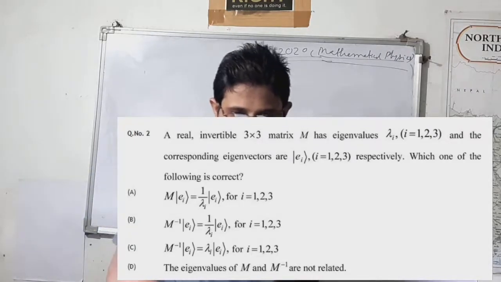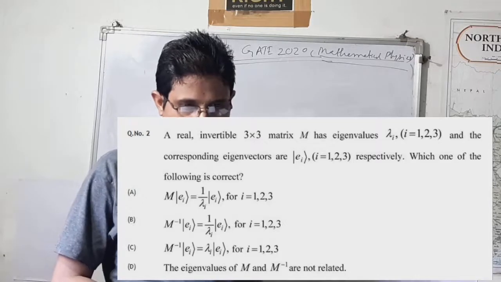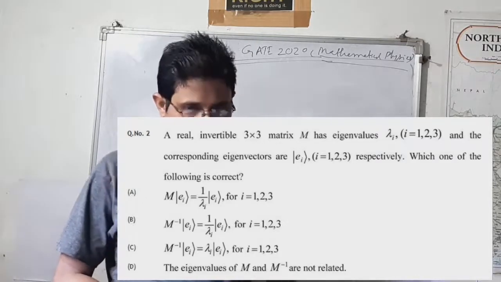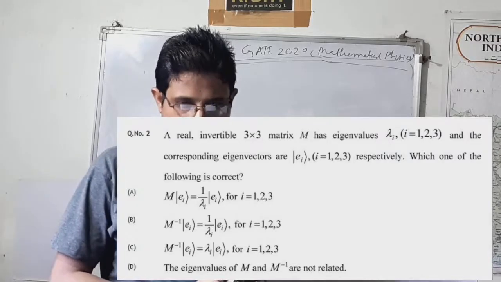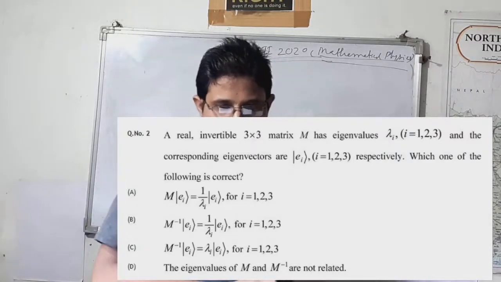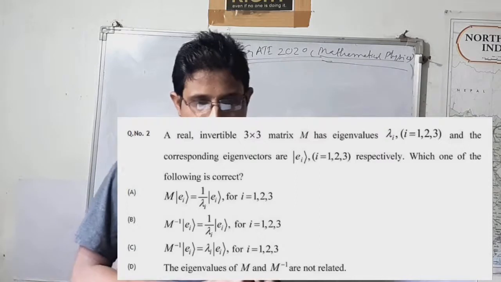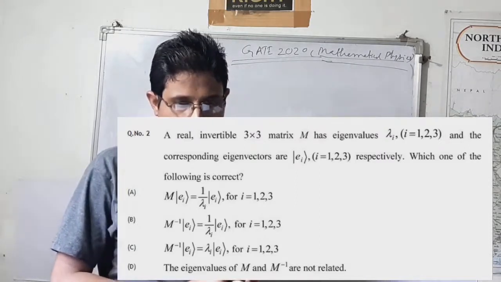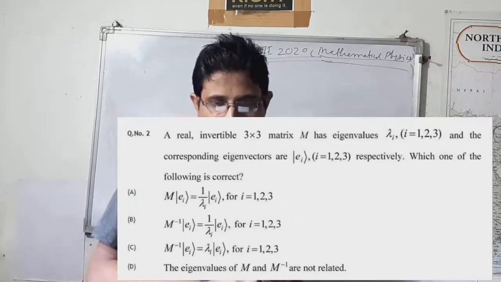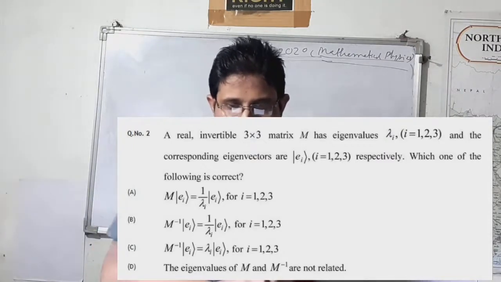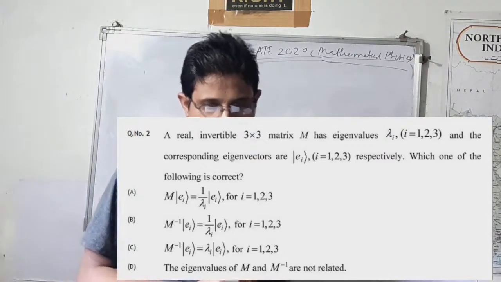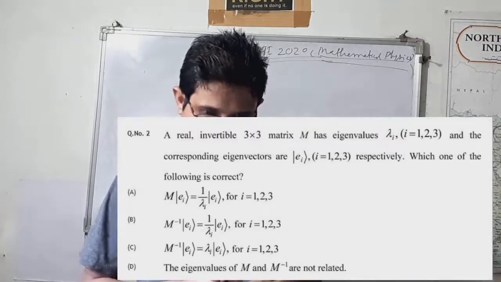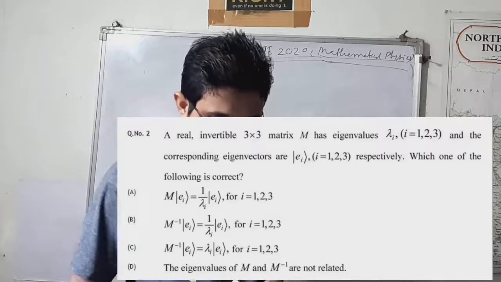Here it gives a 3 into 3 invertible matrix M with eigenvalues lambda i, where i equals 1, 2, 3. Obviously it is a 3 into 3 matrix, so it has 3 eigenvalues, and the corresponding eigenvectors are e i.